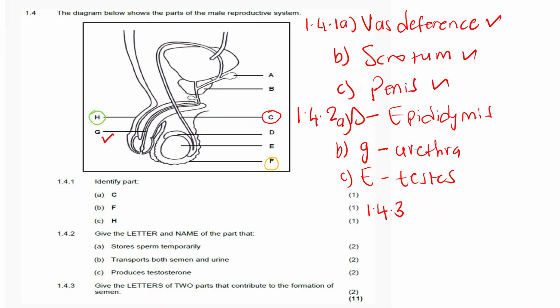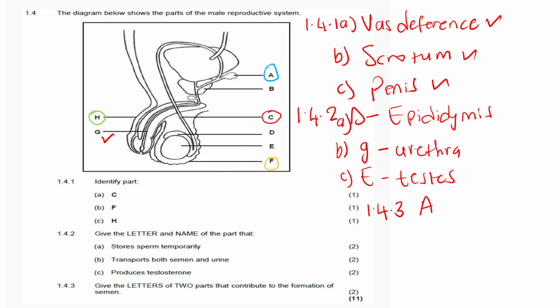Now 1.4.3, give the letters of the two parts that contribute to the formation of semen. Those that contribute to the formation of semen: we have A, right? This is our A. It contributes to the formation of the semen.